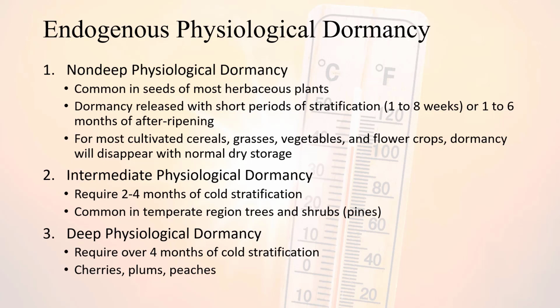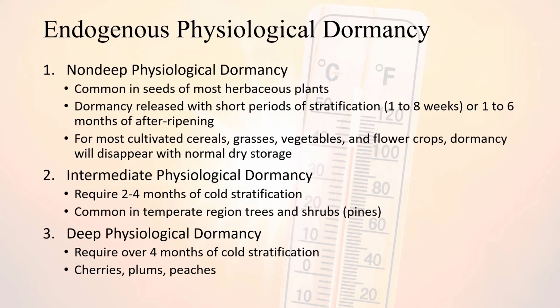These are seeds that only need a short period of stratification, only 1 to 8 weeks, or they may not even need stratification at all. A lot of our cultivated cereals, grasses, vegetables, and flower crops fall into this category. They either don't need stratification or they only need a little bit of it. Now, a lot of our temperate region trees and shrubs, what you would find in this area, right?